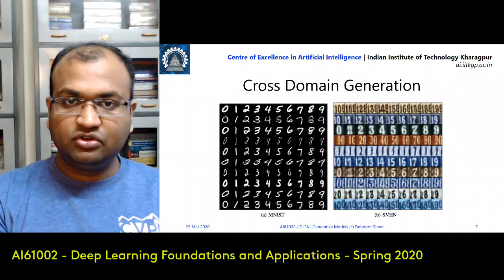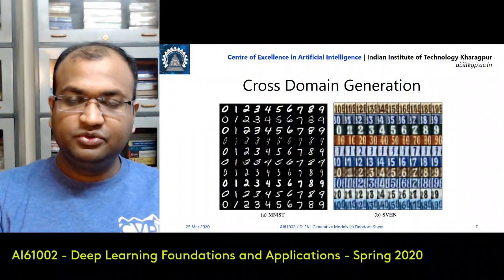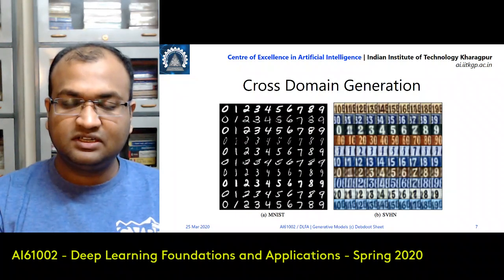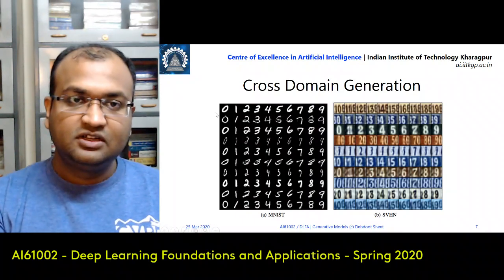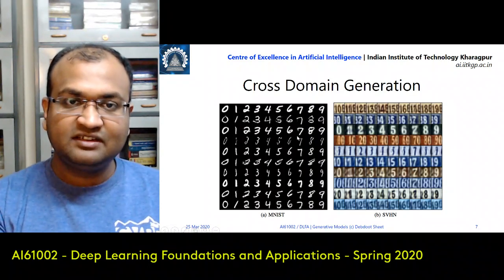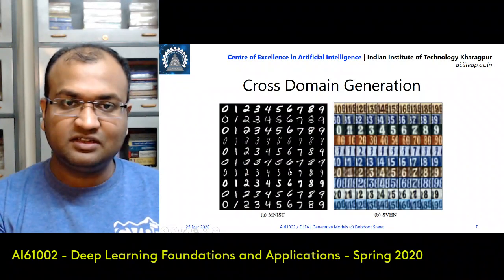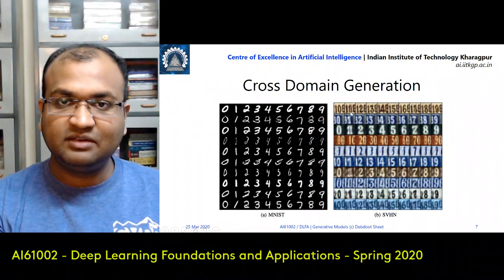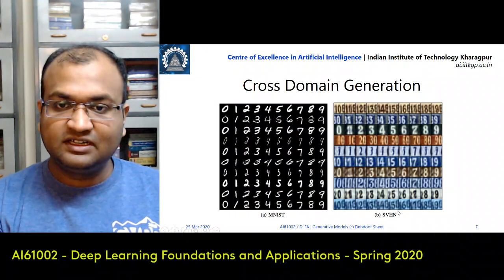Okay, so now if you look over here is an example of what is possible through this one. On the left hand side, what you see is all standard digits from different styles in MNIST. These were different stroking patterns in which it is written. And on the right hand side, what you see is the same kind of numbers which are generated, but they look like they are from Street View house numbers.